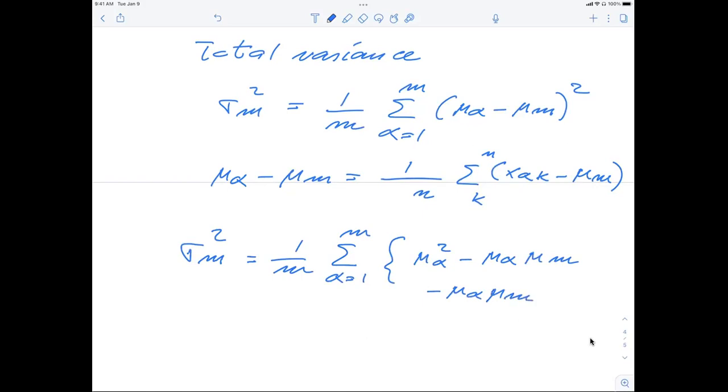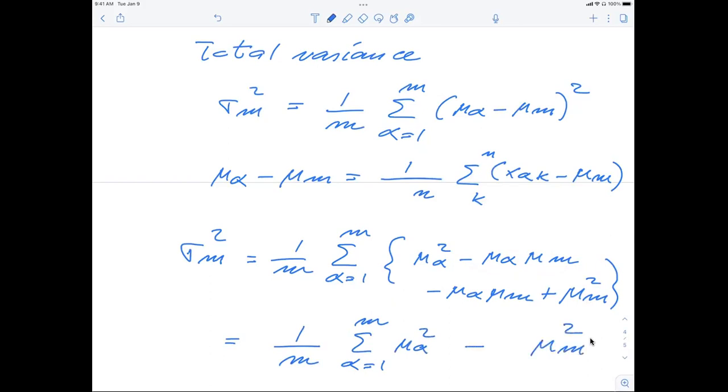I'm just squaring the definition for the variance. So when you look at these terms, this is just a constant, and then I have this term which defines mu of m. So I get minus 2 mu of m squared plus mu of m squared, plus 2 mu of m squared. So that is going to give me something equal to 1 over m, and then alpha equal to 1 up to m, and I have my mu alpha squared minus mu of m squared.